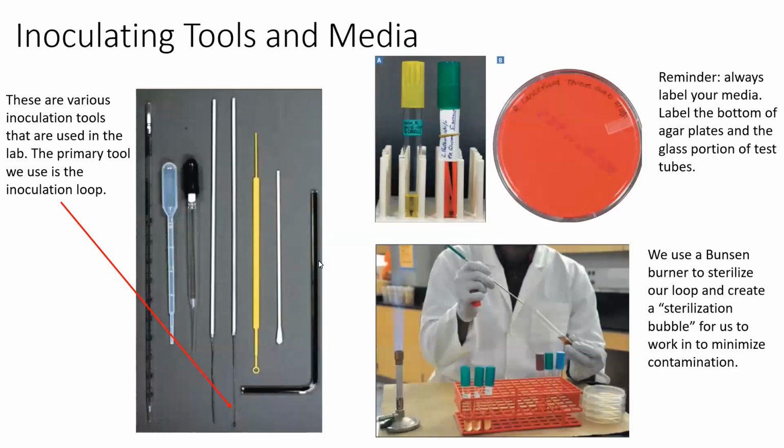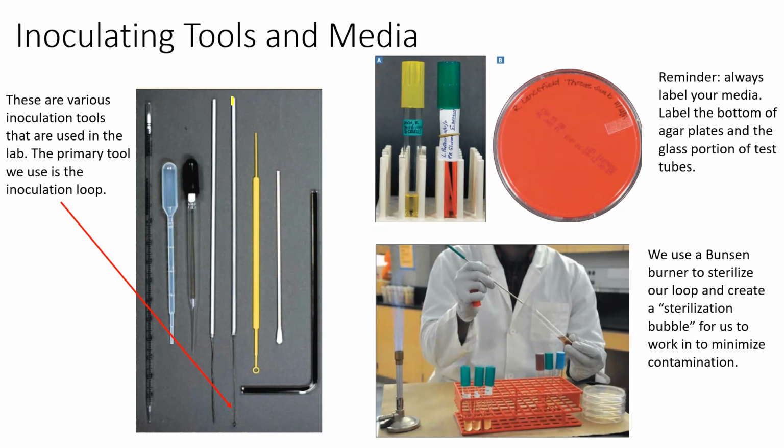So this left-hand picture are various types of tools or equipment that you would use in the microbiology lab. The most commonly used tool is the inoculating loop. I'll just call it a loop from here on out. And so this top part, let me get the highlighter handy.